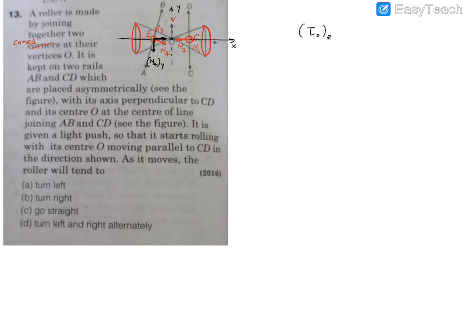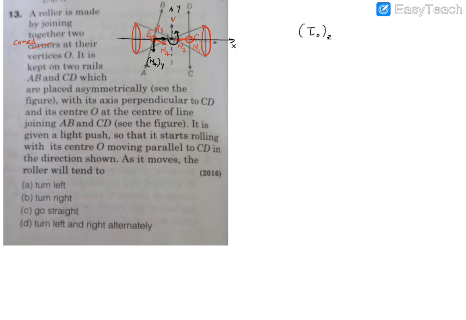So if we are interested in torque about the z-axis, whether in this direction or in this direction, this N2 and this N4 component along the x direction will not be able to give any torque about the z-axis. Similarly, N1 which is parallel to the z-axis, and N3 which is also parallel to the z-axis, will not give any torque about the z-axis. Mg was again parallel to the z-axis, so that will not give any torque about the z-axis either. This N4y component is a very important force, and it will give us torque about this point O in this sense.